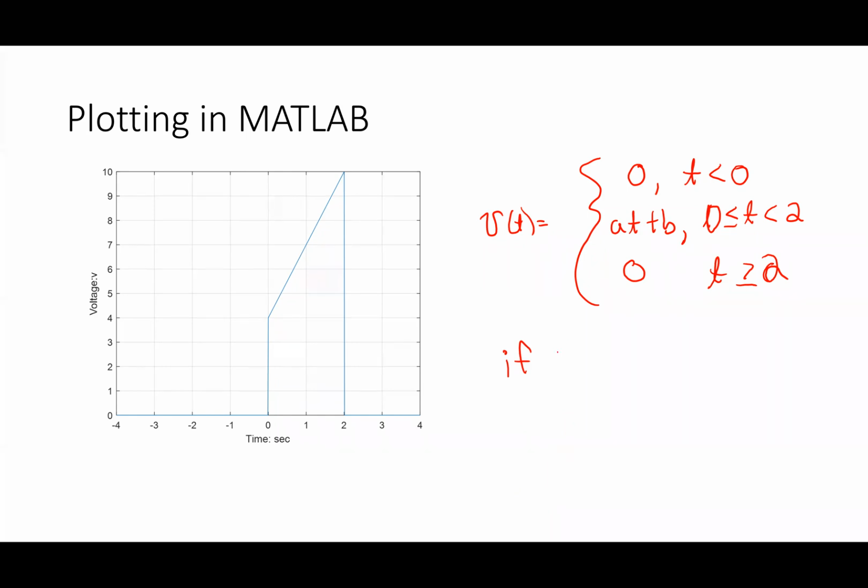I could say, in this case, well, if t is less than 0, all right, then v of t is equal to 0. Else if, now how would I write, what would be the else if I did it like this?